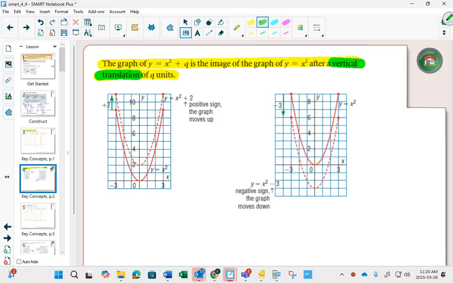So if your regular graph of x squared has the over 1, up 1, over 1, up 3, over 1, up 5, your new graph, after it's moved up 2, still has over 1, up 1, over 1, up 3, over 1, up 5. That pattern stays the same, because it's congruent, it's the same shape as the original graph. If you had a -3, that would move it down 3.